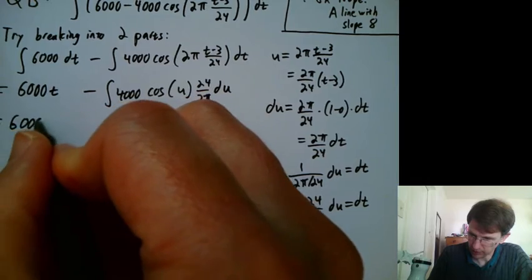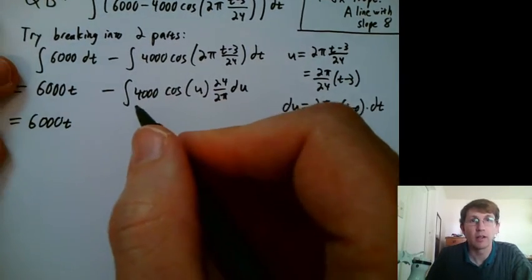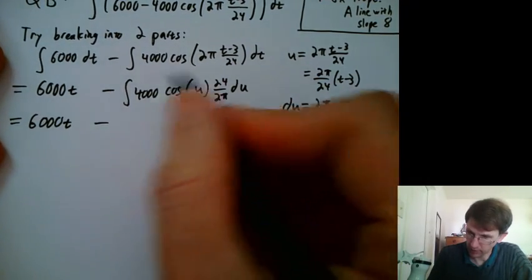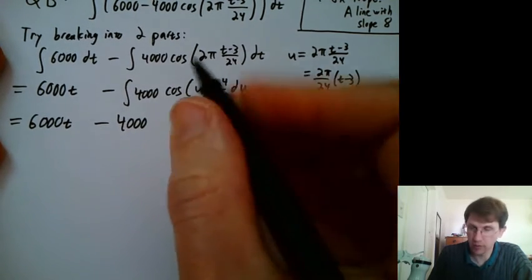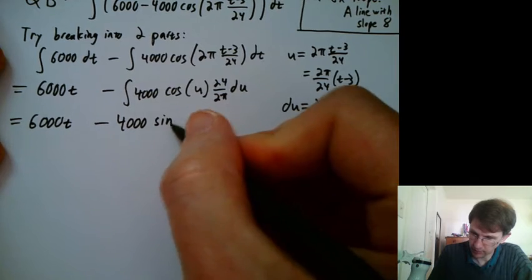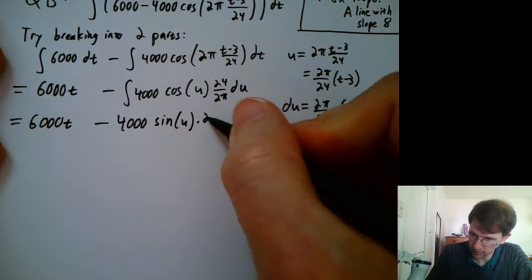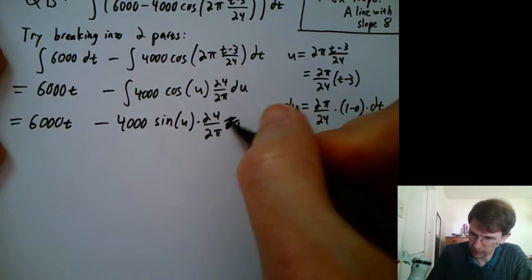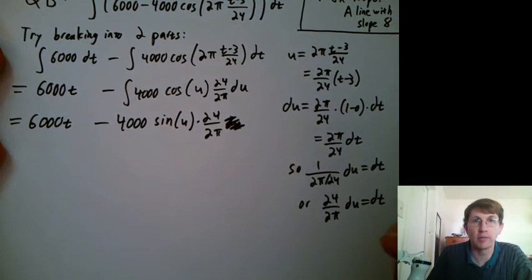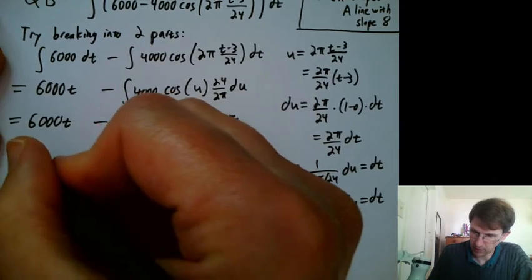So we still have the 6,000 t here, and now we're ready to take the antiderivative. So we got 4,000. Antiderivative of cosine is positive sine u, times 24 over 2 pi. I already took the antiderivative, so I don't write the du anymore. And then substitute back.